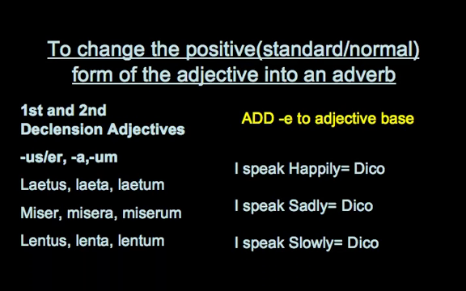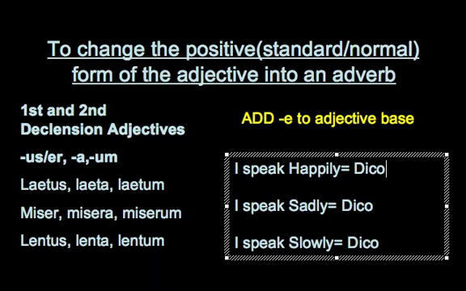So, to change the positive, which is the standard or normal form of an adjective, into an adverb, for a first and second declension adjective, so again one that ends in us, all you're going to do is add e to the base. So, if you have laetus, laeta, laetum, happy, and you want to say I speak happily, you're just going to say dico laete.